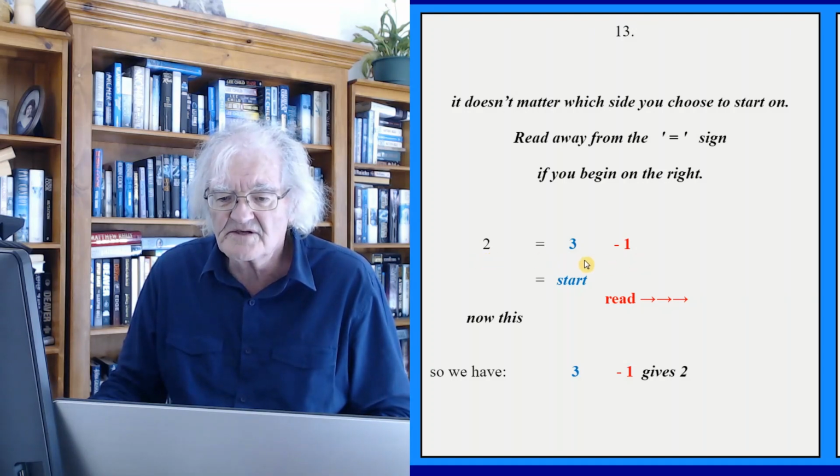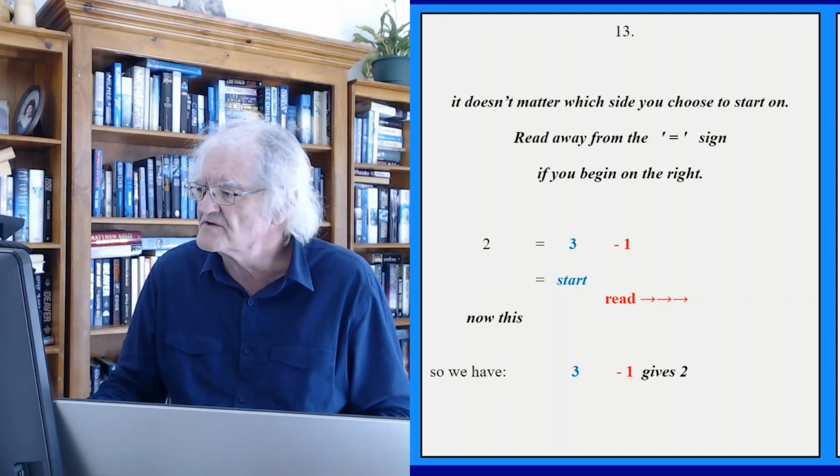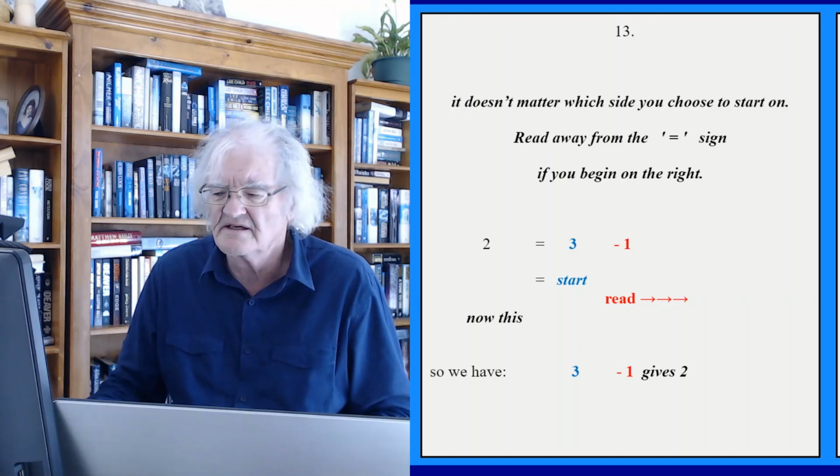But if I want to focus on the 3 as the start of my investigation, I start 3 minus 1 gives 2. Notice the emphasis in the situation we are investigating can determine how we read equations.